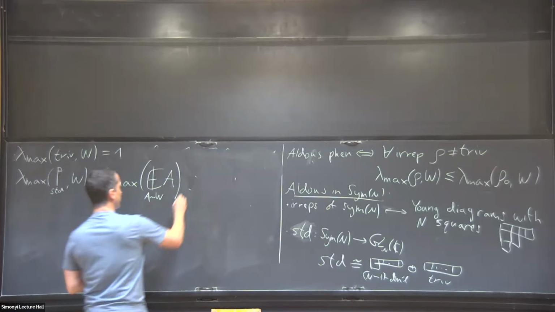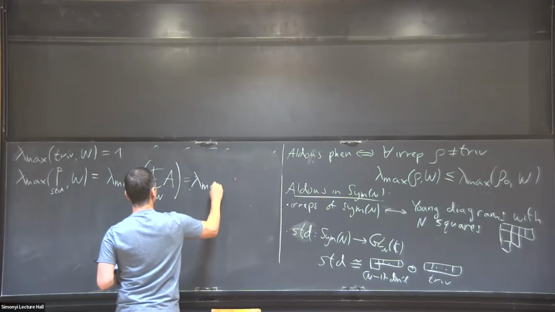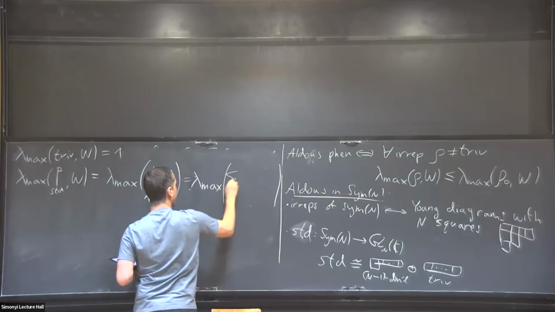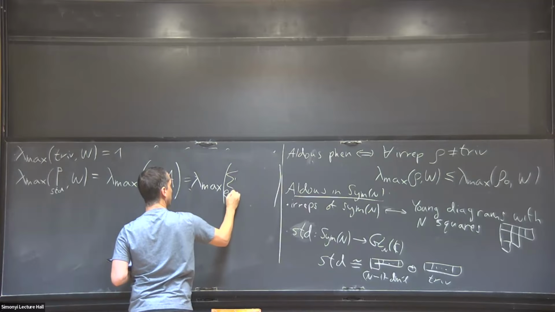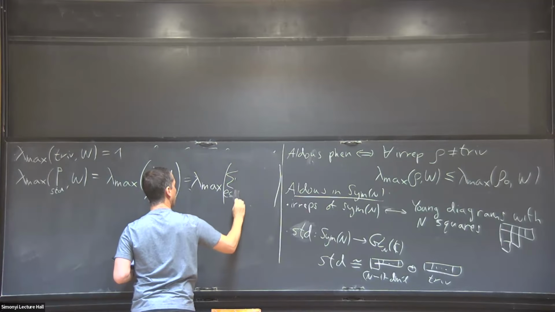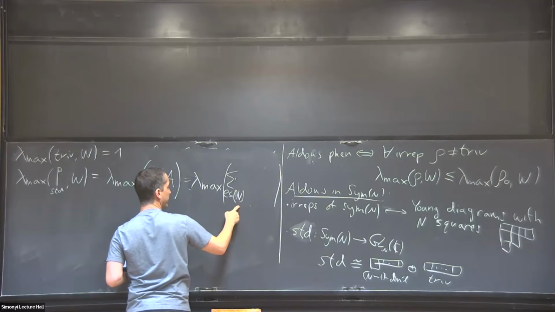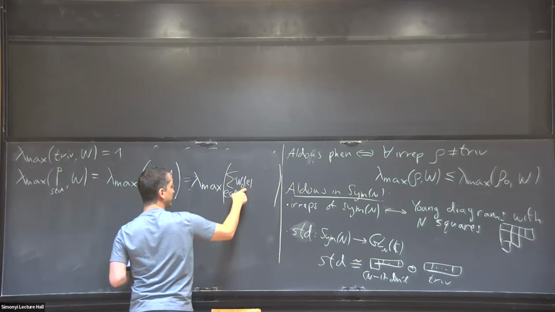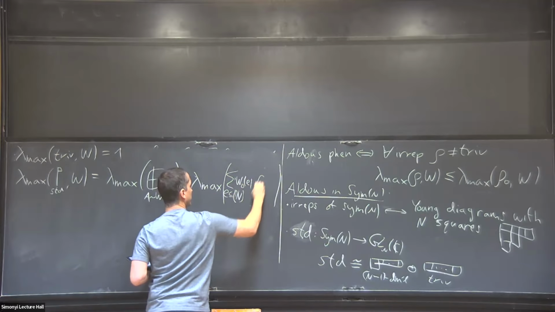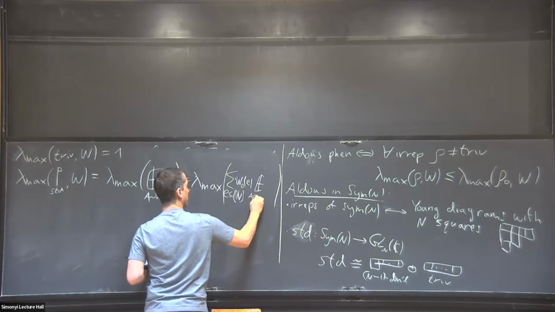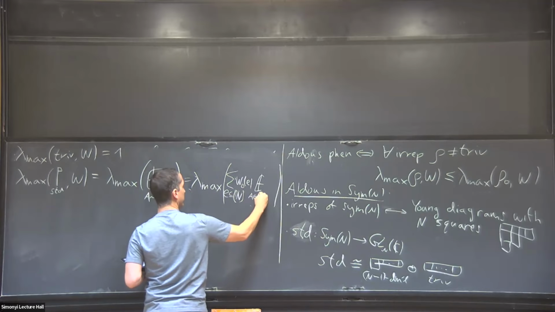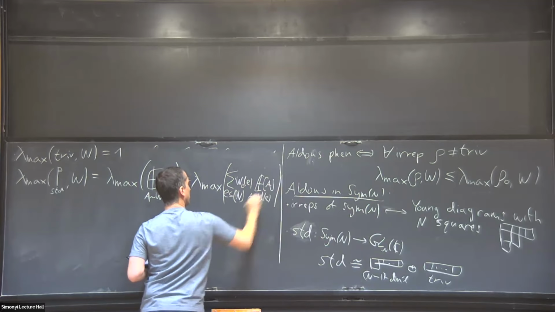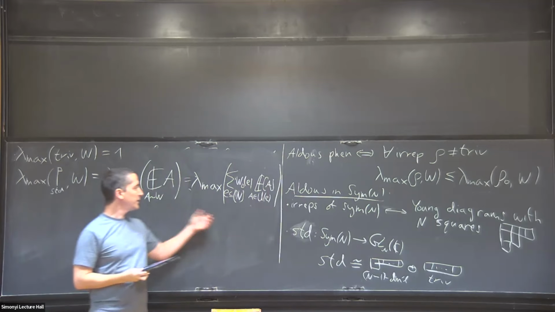Another way to say it is, I want to take the sum over all hyperedges E, the weight of this hyperedge times the expected value of A inside U. Okay, so to understand this, we need to understand that.